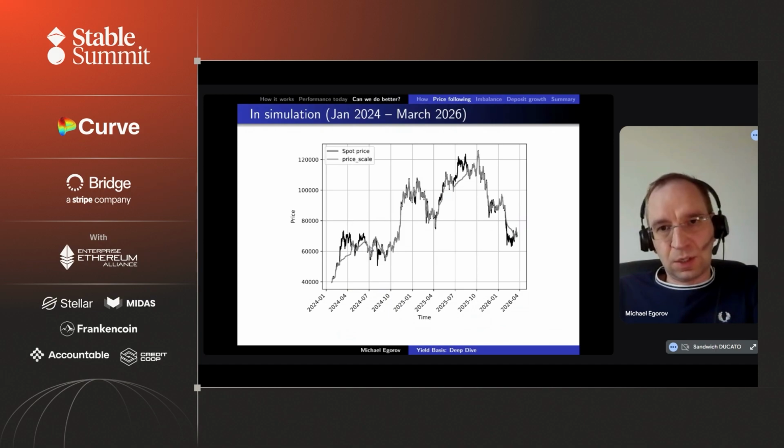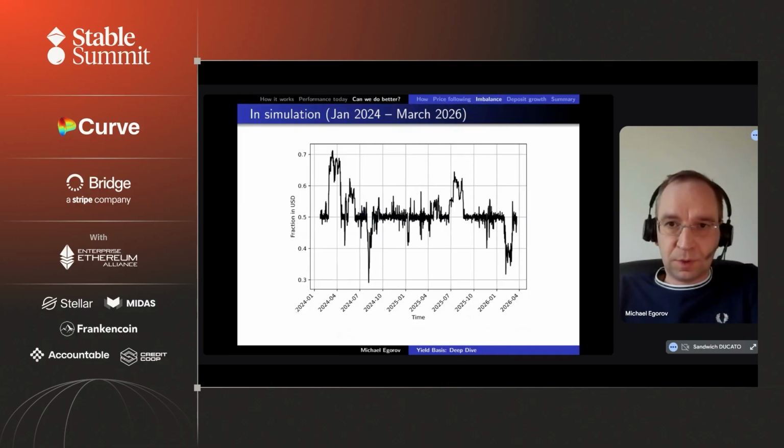It's following pretty much here, and the most recent drop, depending on where you start, it either follows it ideally or follows it like here. Even if it detaches, it repegs fairly quickly, which is what we want.